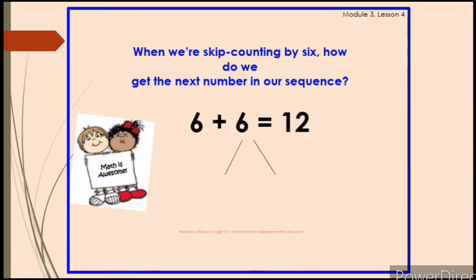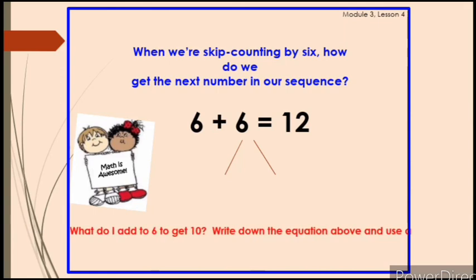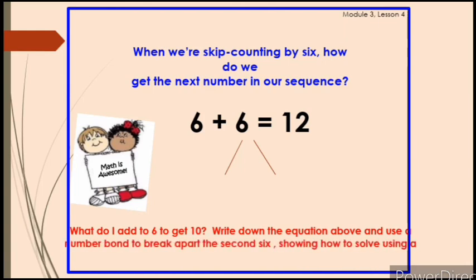We want to add. What do I add to 6 to get 10? This is the first 6 there, and I want to make it up to 10. So what will I add to 6 to make 10? I know you know the answer already. It is 4.